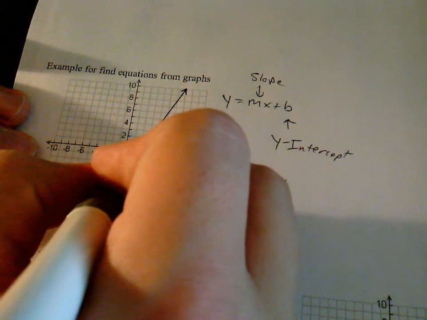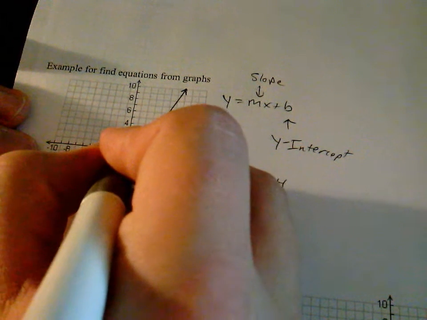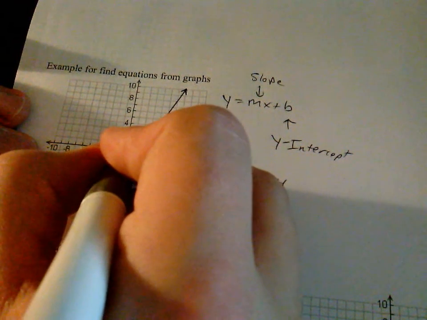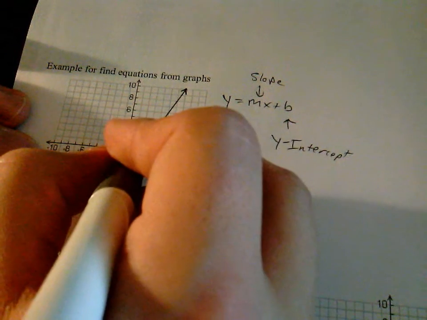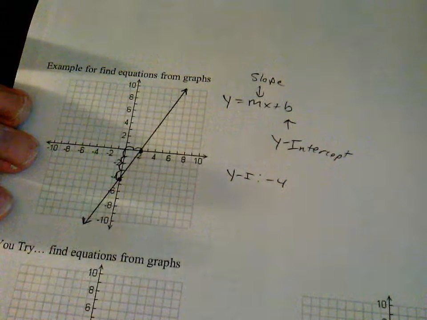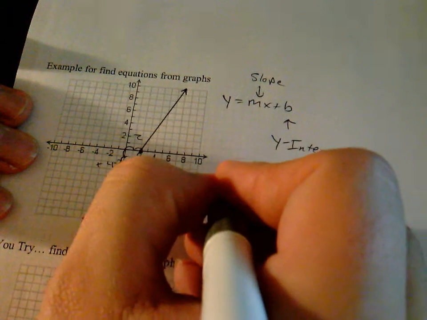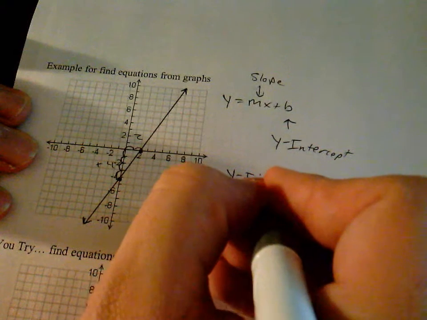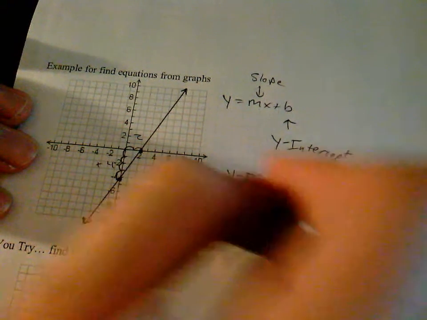We're going to go up 1, 2, 3, 4. We're going to go over 1, 2. So we went up 4, positive 4, over 2. So our slope, which is going to be our m, is going to be 4 over 2. Or when we reduce that, that's actually just 2.